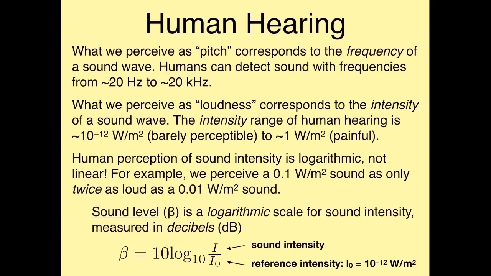That's how you calculate the sound level in decibels. So I is going to be the sound intensity that you're dealing with, and I naught is going to be a reference value for that intensity, which is equal to 10 to the minus 12 watts per square meter. So if you want to calculate how many decibels a sound has, you plug in the intensity, you divide by this reference value, you take the log of that, and then you multiply by 10. That's how you get the sound level in decibels.